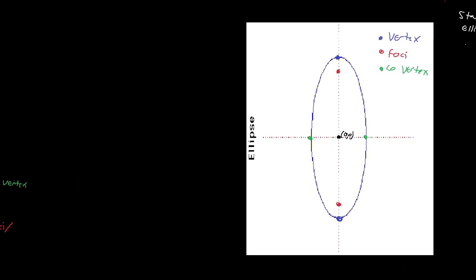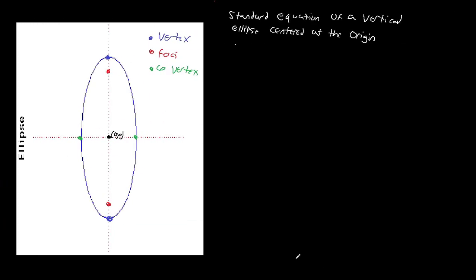Okay, so let's go ahead and go over here. We now have an ellipse that is taller than it is wide, and you'll see that I've done the same thing as we did before. I've labeled the vertices, the foci, the co-vertices. And what I want to do is talk about what the equation looks like. This equation is going to look very similar. It's going to be x squared over b squared plus y squared over a squared equals 1.